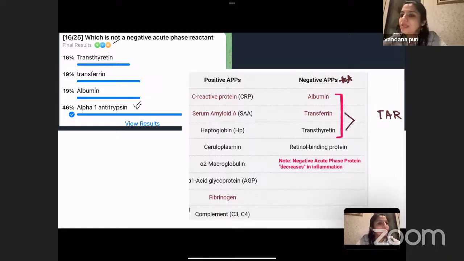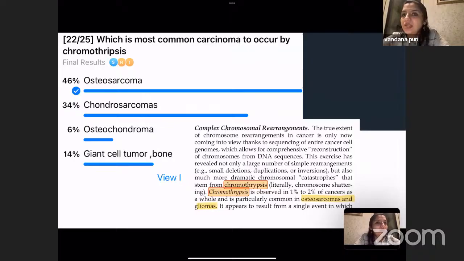Another important question, please revise it before you go for the exam. This was another update also, so that's why I added this: which is the most common carcinoma to occur by chromothripsis? Chromothripsis is chromosome shattering. It's a snapshot from Robbins here. This is observed in 1 to 2% of the cancers in general, and it is very common with osteosarcomas and gliomas.